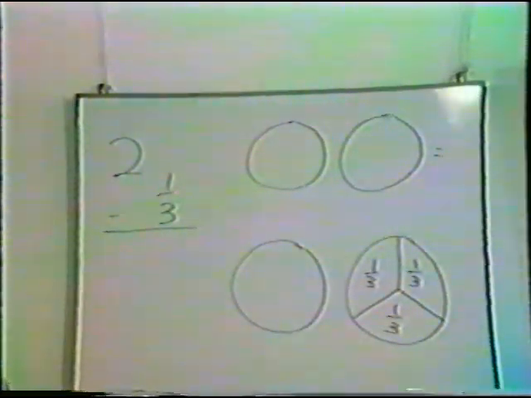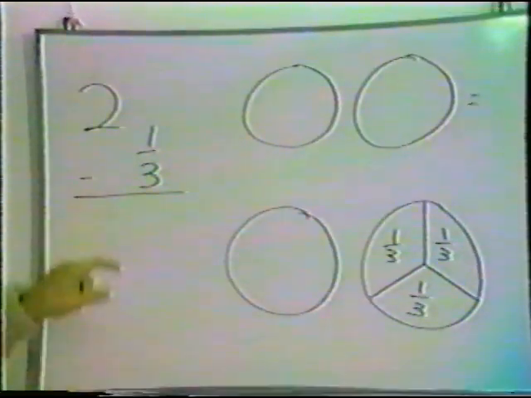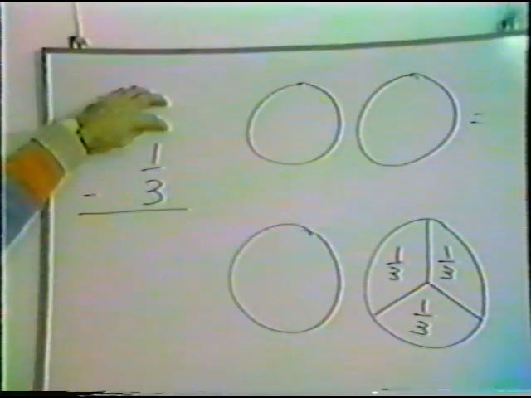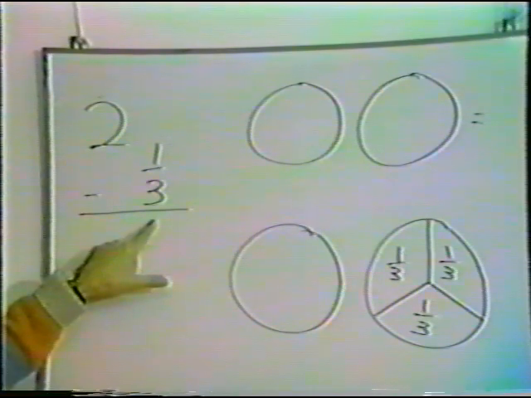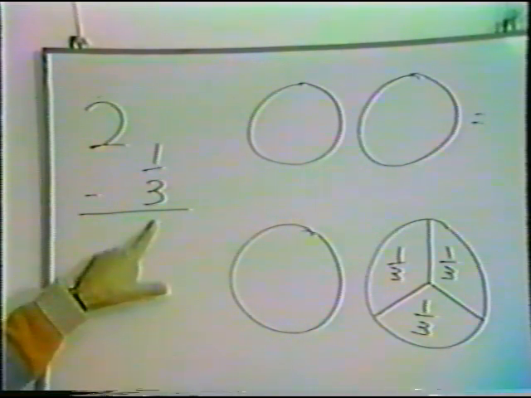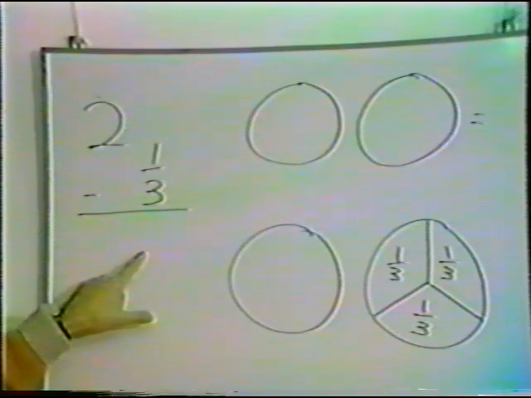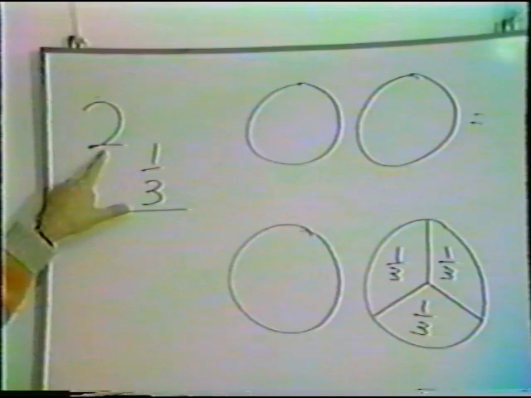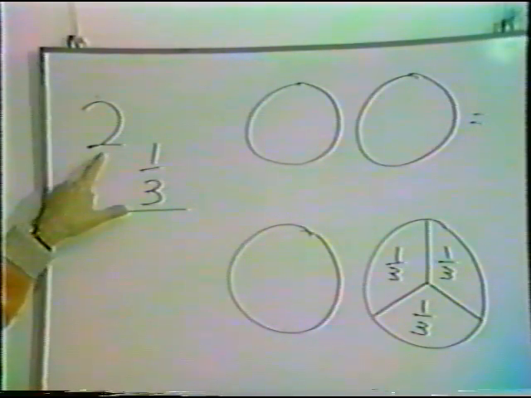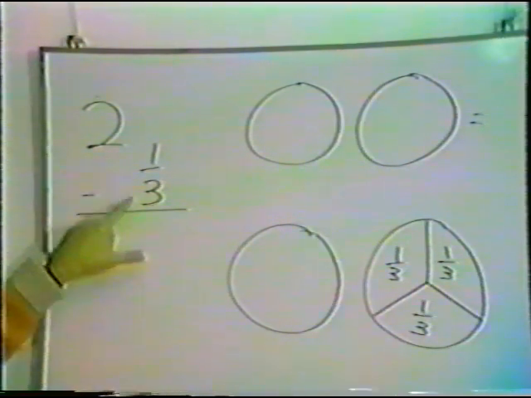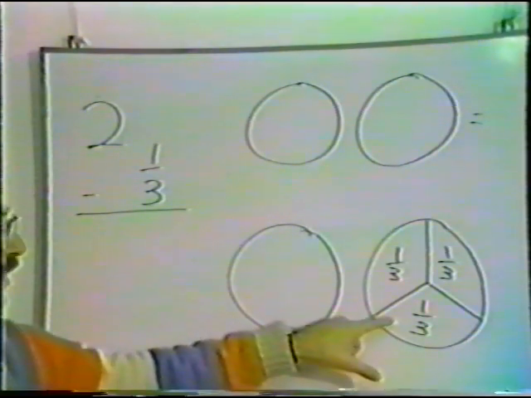The reason we did that is because 0 take away 1/3 can't do. So we have to borrow. We have to cut up one of these 2 pies. And we cut it up into 3/3.